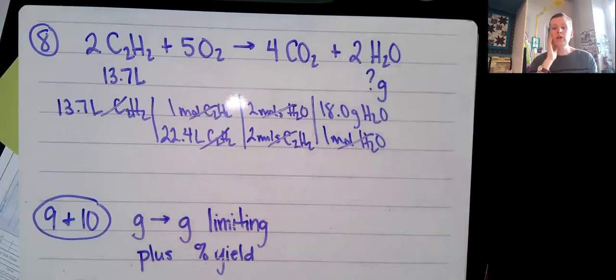If you are having problems with it, please come see us, but I'm going to tell you the answer right now. C2H2 ends up being your limiting reactant. 10.8 grams is the number of grams of water that can be made in that reaction because of that C2H2 limiting. And then number 10 ends up with an 86.5% yield.